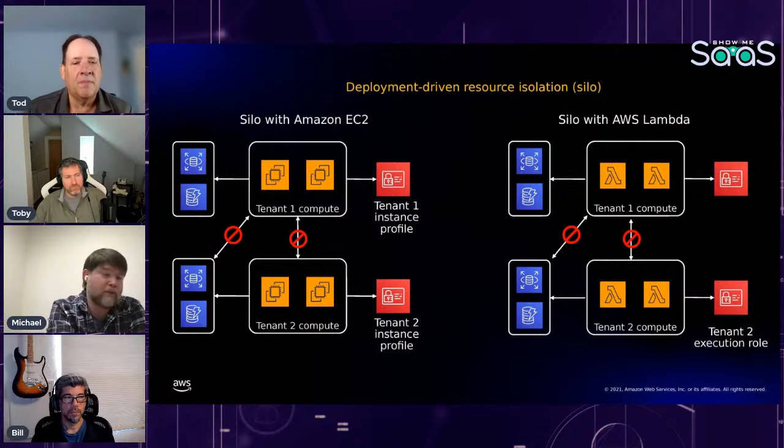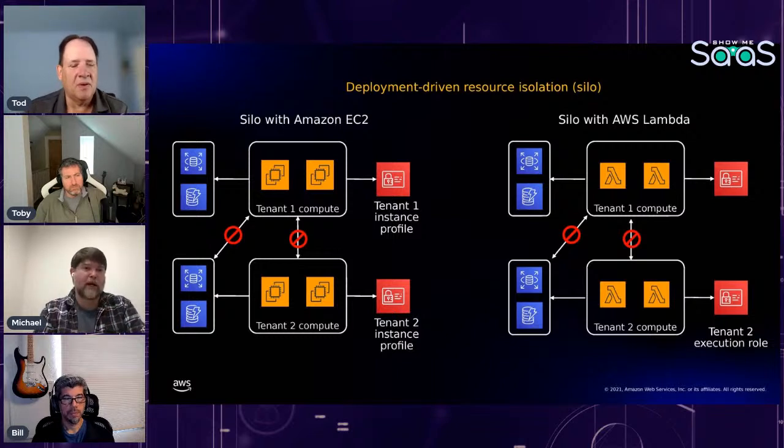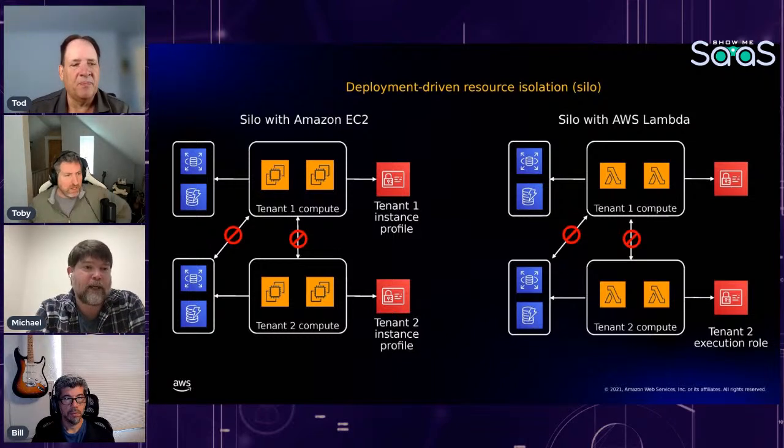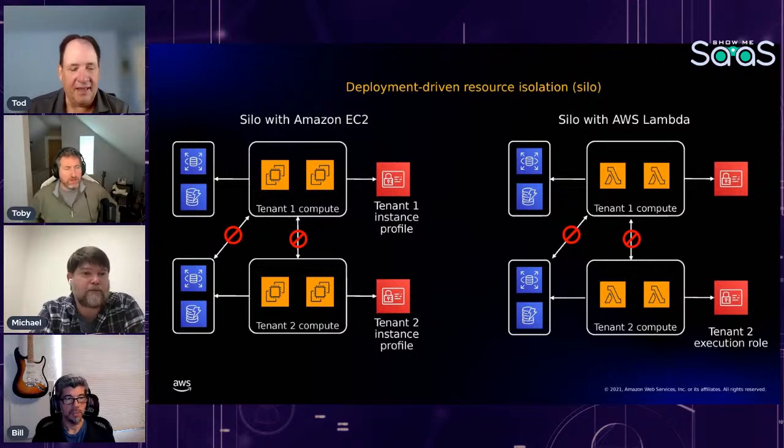Otherwise, you get into what Bill was working on, which is the dynamic policy: I've got lots of tenants sharing this, so I'm going to get the policy at runtime. But at deployment time, correct me if I'm wrong, I think this only works in silo. Is a silo. Yeah, that's absolutely true.